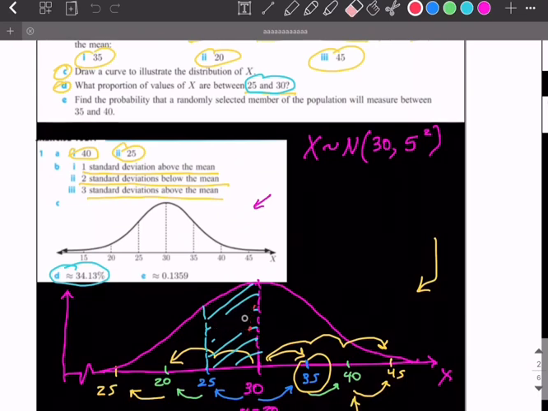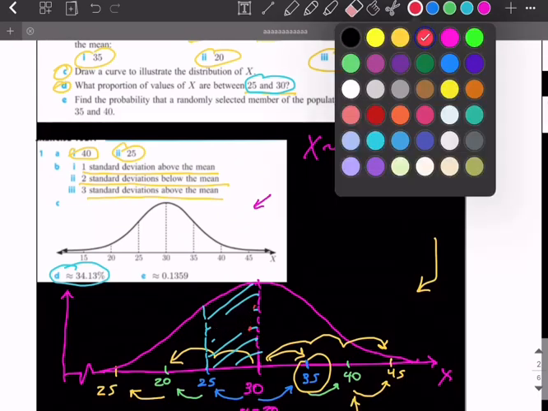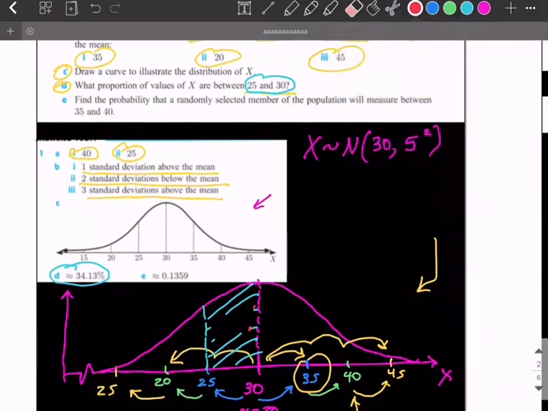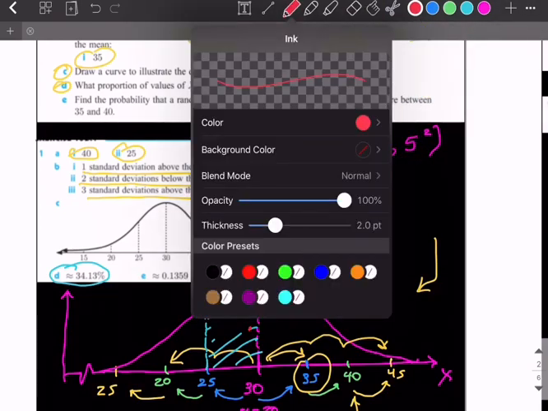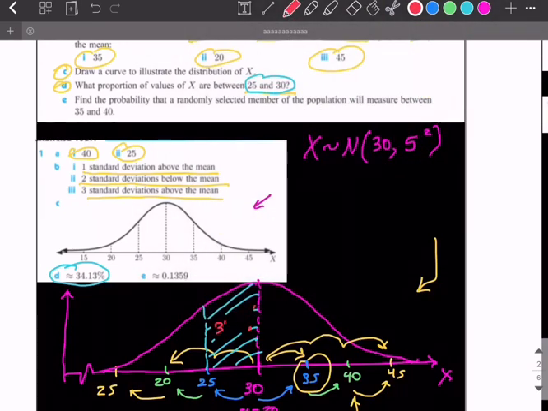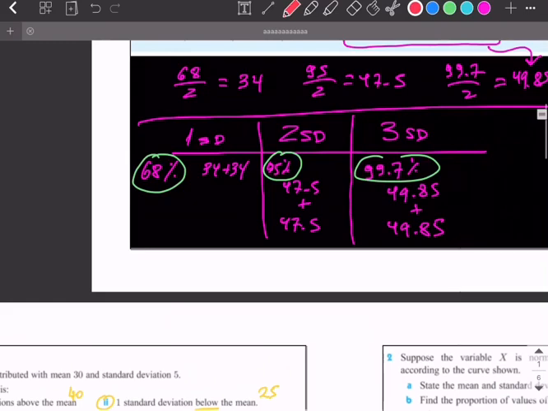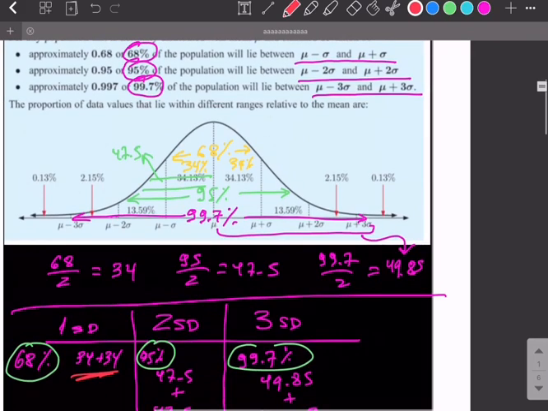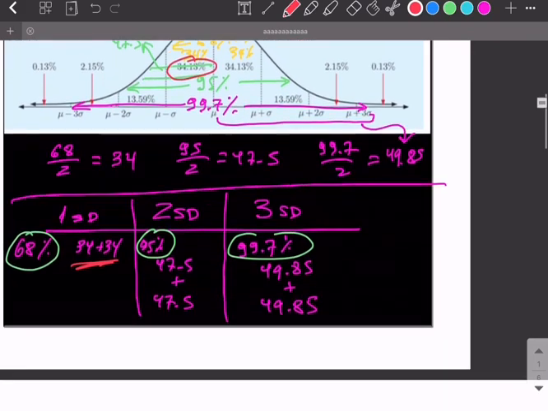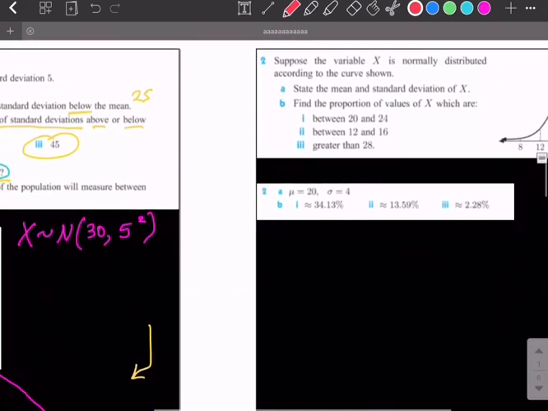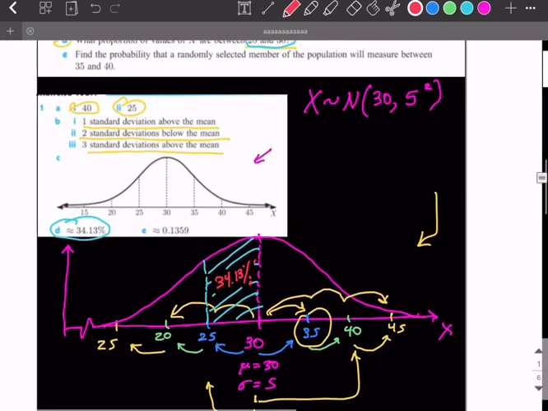Okay, so the answer is here, and it's 34.13%. Now, it's from these numbers that we memorized before, from this number here, or from this number here. Okay, so now let's go to the next one.